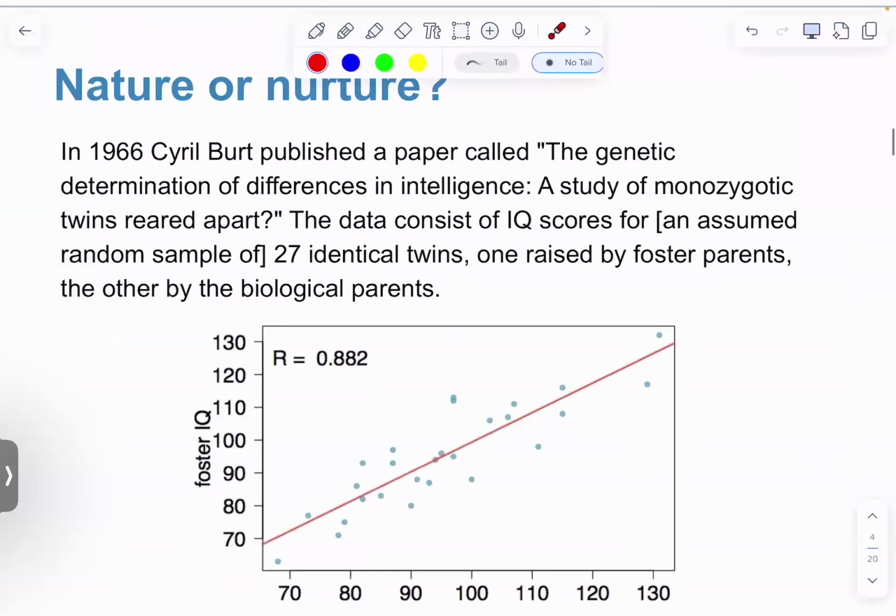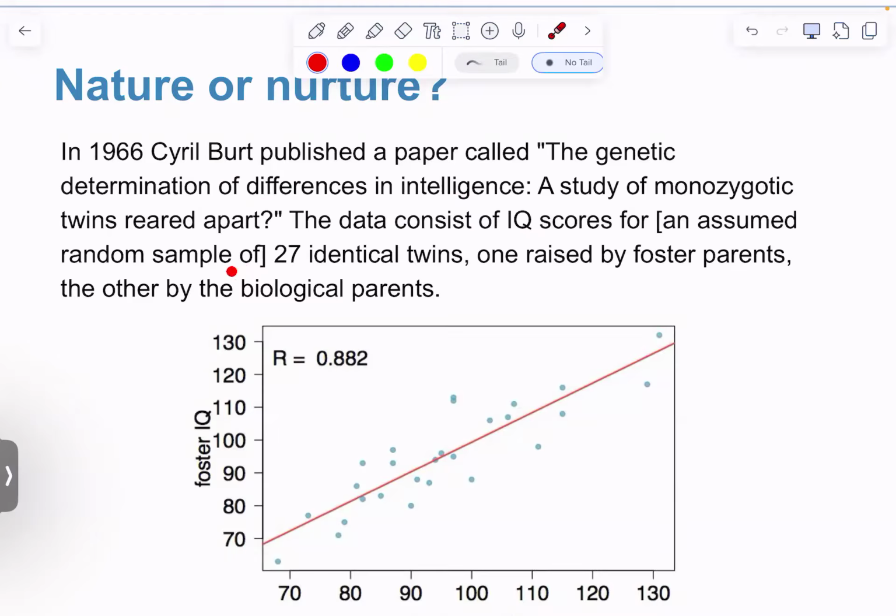So the example that we're working with is in 1966, Cyril Burt published a paper called The Genetic Determination of Differences in Intelligence, a study of monozygotic twins reared apart. The data consists of IQ scores for what we're going to assume is a random sample, even though that's probably not the case, right?